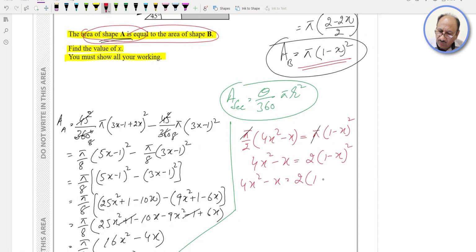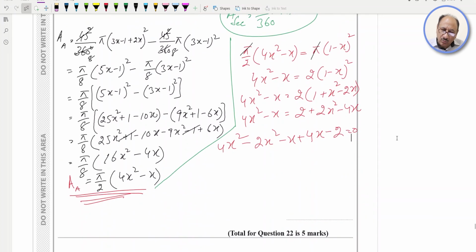Now we can open it. 4x squared minus x is equal to 2 into 1, we will open the square, it will be 1 plus x squared minus 2x, so 4x squared minus x is equal to 2 plus 2x squared minus 4x. Now we can shift everything to this side, so 4x squared minus 2x squared, and minus x plus 4x, and minus 2 is equal to 0.